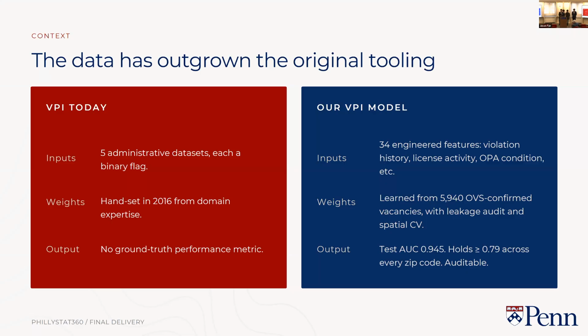Our weights learn from 5,940 OVS-confirmed vacancies with a leakage audit and spatial CV. And our output test AUC is 0.945, and holds at greater than or equal to 0.79 across every zip code, auditable.